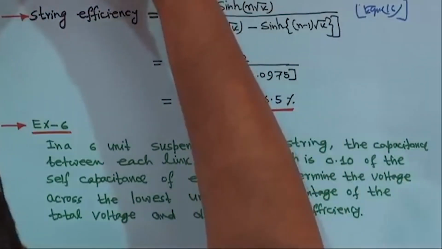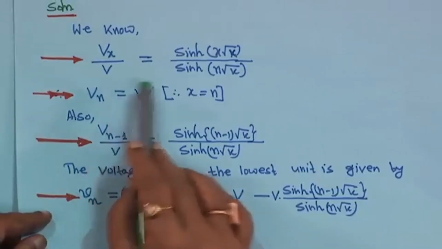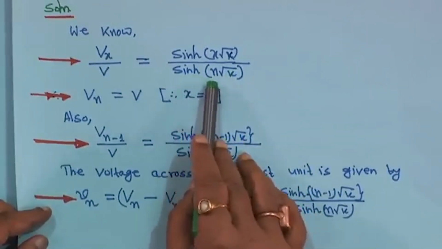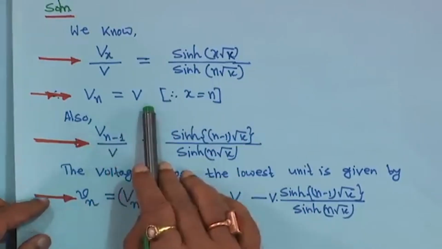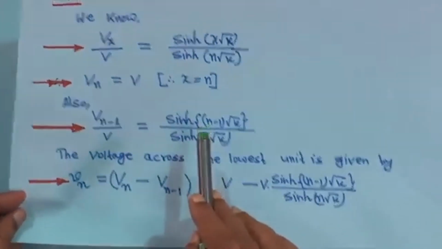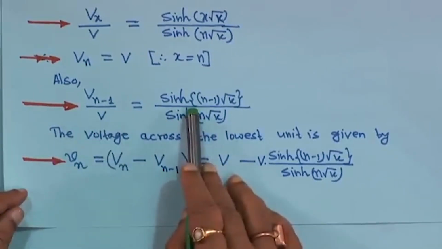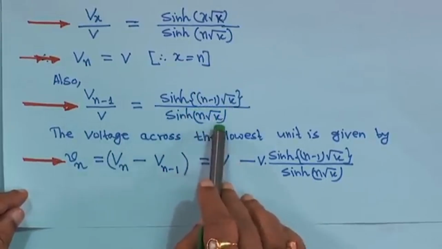Now, we have already derived that V x upon V is equal to sinh(x root k) divided by sinh(n root k). Now, for x equal to n, V n is equal to V, therefore we can write V n minus 1 upon V is equal to sinh((n minus 1) root k) divided by sinh(n root k).